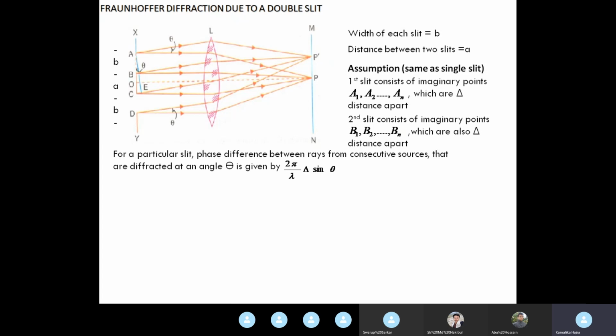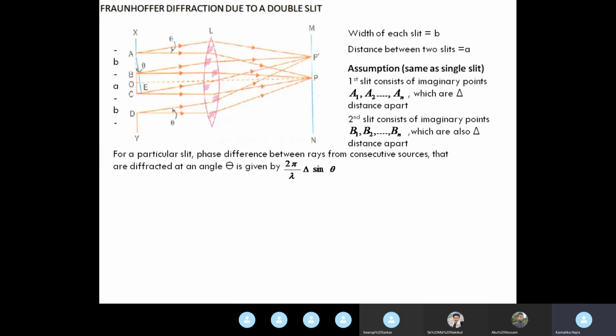Now for a particular slit, we had calculated this in our last class when we did single slit diffraction. The phase difference between the rays from the consecutive sources that are diffracted at an angle theta is given by 2 pi by lambda delta sine theta.